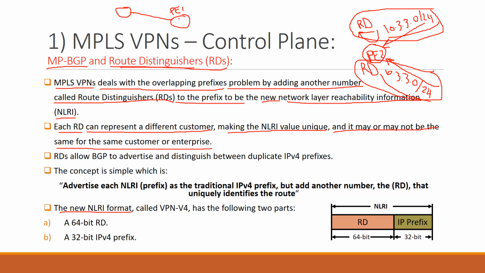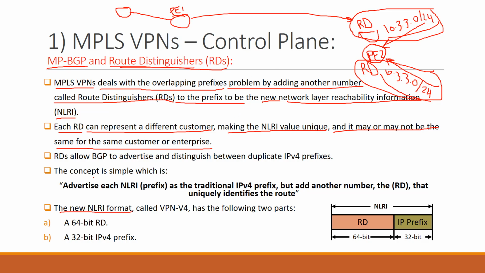The route distinguisher value used inside the VRF on BE1 may or may not be the same as the route distinguisher value used in the VRF of customer 1 stored in BE2. But usually, we use the same route distinguisher for the same customer.